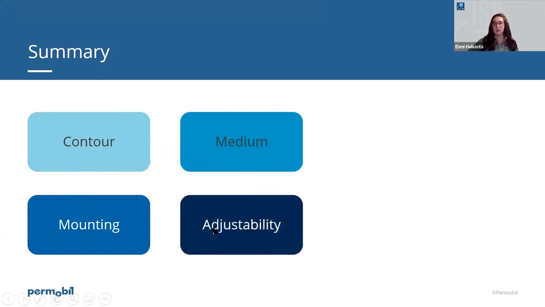And adjustability. These days, a lot of back supports come off the shelf, out of the box, with built-in adjustability, stays and reels, and there are a lot of things that we can now do with off-the-shelf products to allow for much more adjustability, especially anterior posteriorly within an open shell design, for example.